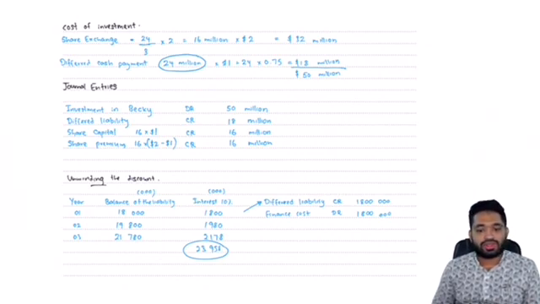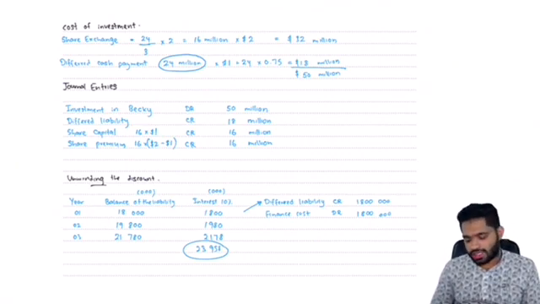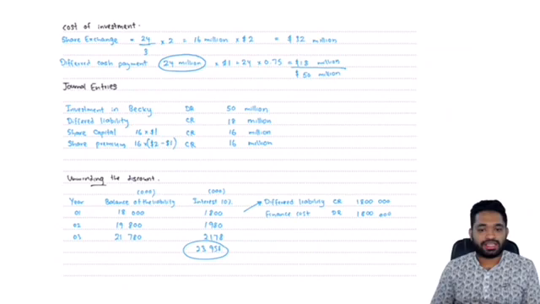Because of rounding off only, there is a 2,000 difference. Normally you should get the same total. So this is how you would be unwinding the discount and accounting for a deferred consideration, the initial measurement as well as the subsequent accounting adjustments.